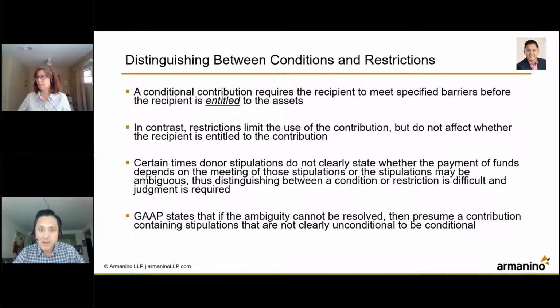So if you've exhausted all resources and you still can't definitively say it is unconditional, then you treat it as conditional. We think we're going to see grant agreements that contain language like this, where it's going to be a bit gray. Is it a condition, is it a barrier, or is it merely a restriction? We think this gray area language may continue to exist, at least during the early stages of adopting and implementing 2018-08, until donors, foundations, nonprofits, CPAs and the greater nonprofit community all have a better sense of what truly constitutes a conditional contribution.